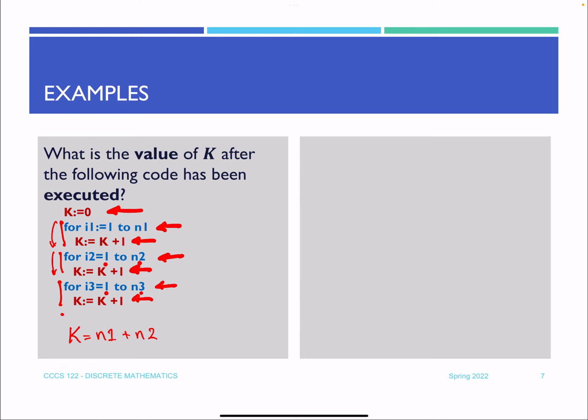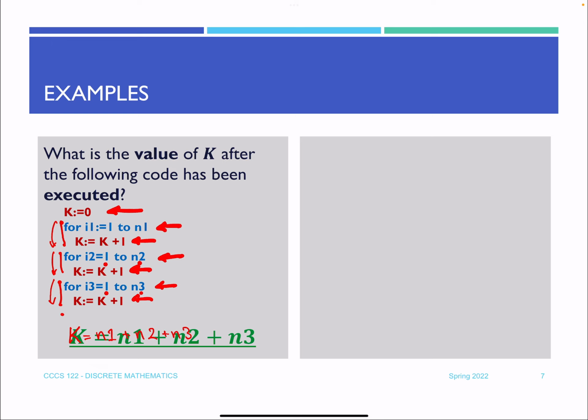And then we enter the third loop, which runs for n3 iterations, so which will add another n3 into the value of k. And so at the end of this code, k's value will be n1 plus n2 plus n3.